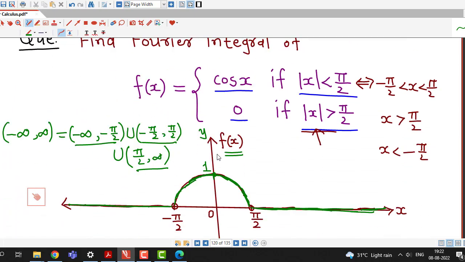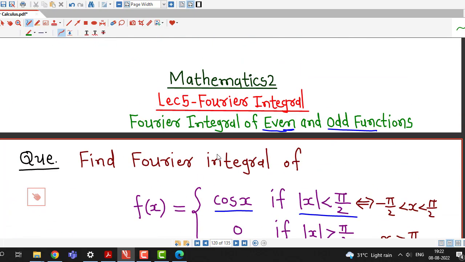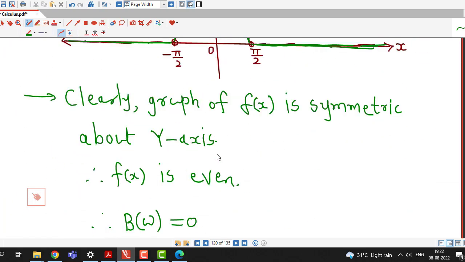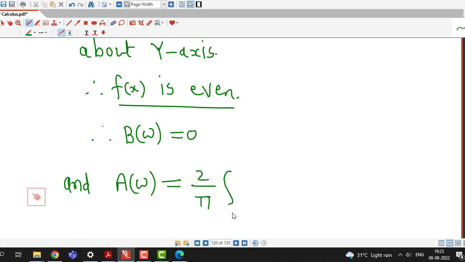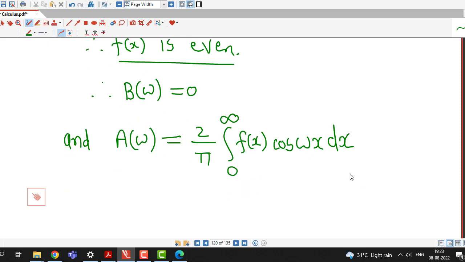We have discussed about Fourier integral of even and odd functions in lecture number 4, and we know that if our function is even, b(omega) is 0 and a(omega) is given by this formula: 2 divided by pi integral from 0 to infinity f(x) times cos omega x, integral with respect to x.